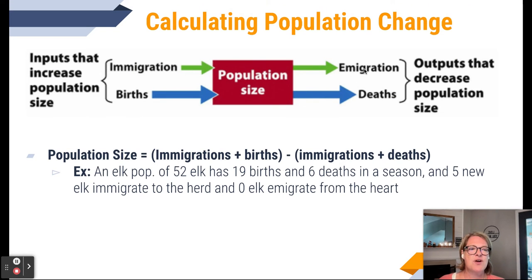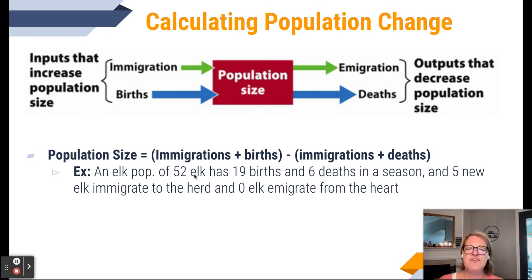Outputs are going to decrease the population size, so that would include the number of deaths and emigration, or that's when organisms leave an area. So population size, to write an equation for this, is equal to the immigrations plus the births minus, and this is a typo, I just found this should say emigrations plus deaths. So it's these things added together minus these things added together.